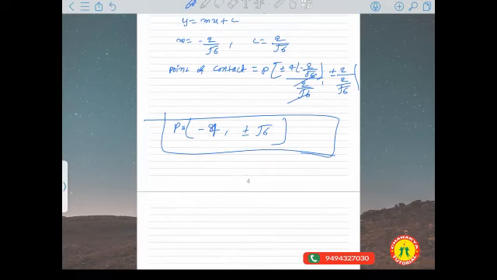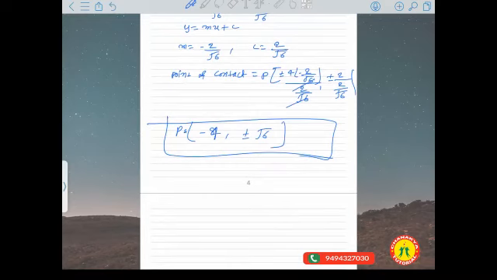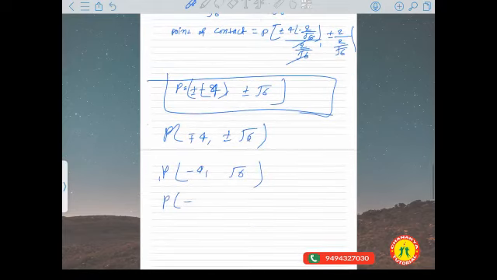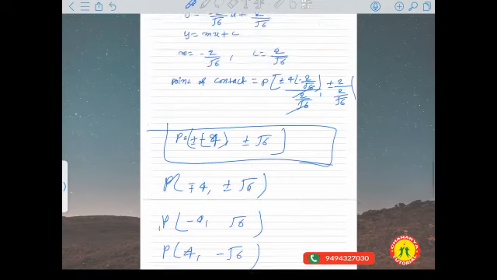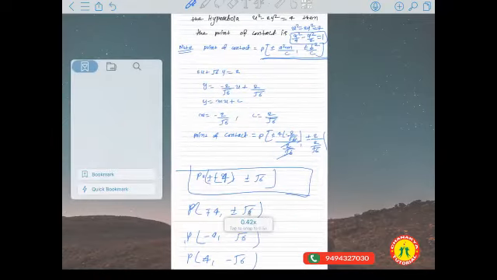So it means plus minus and plus minus, so we get P as minus plus 4 comma plus minus root 6. It means the point of contact is minus 4 comma root 6 and plus 4 comma minus root 6. This will be the point of contact. Got it? So we need to remember these things.